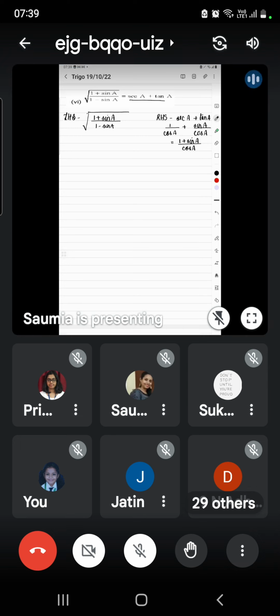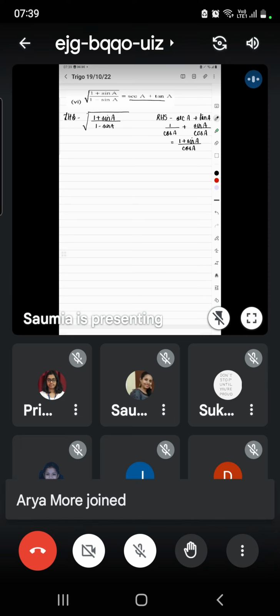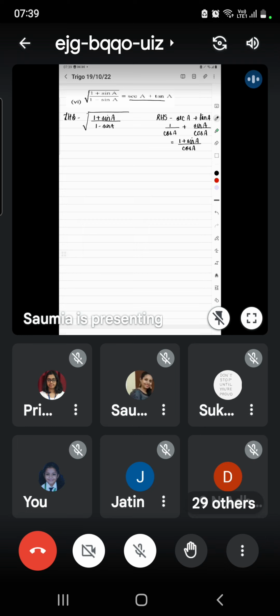It's a fraction that is available inside the square root, correct? Now, I can multiply the numerator and the denominator by the same number, and the value of my fraction will not change.